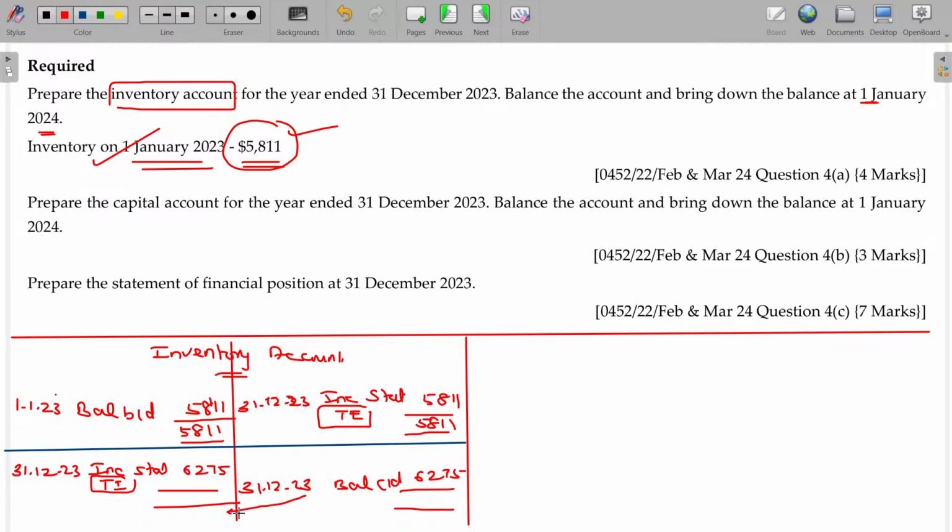This balance carried on should be rewritten as the balance brought down for the next period, balance brought down on 1/1/24. Clear? 6275. Very simple one, but you need to know. That's why I have worked it out separately. It carries 4 marks. Clear?